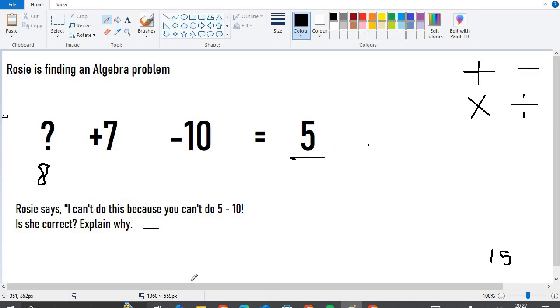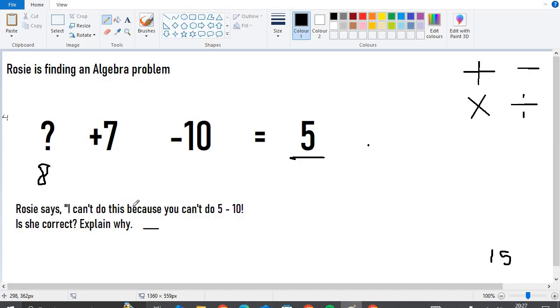Now let's see the next one. Rosie says, I can't do this because you can't do 5 take away 10. Is she correct? Explain why. Now we can see that Rosie is not correct. And why? I'll give you a second, so please pause the video and explain why.